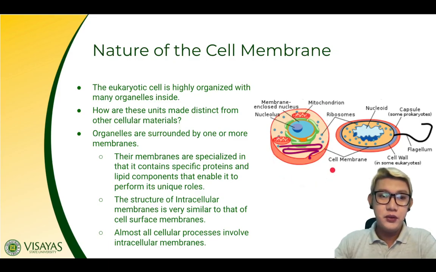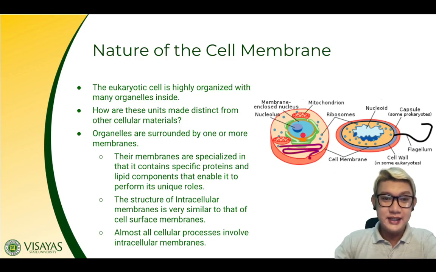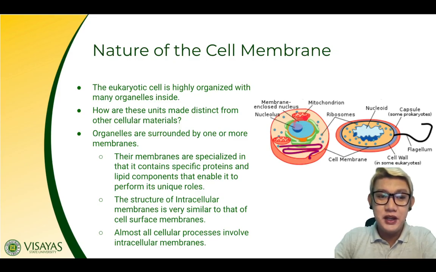Now, in eukaryotic cells, we know that it is highly organized and contains organelles inside, which are made distinct from other cellular materials by membranes. Membranes are not just found covering the entire cell, but also the different organelles found inside eukaryotic cells.